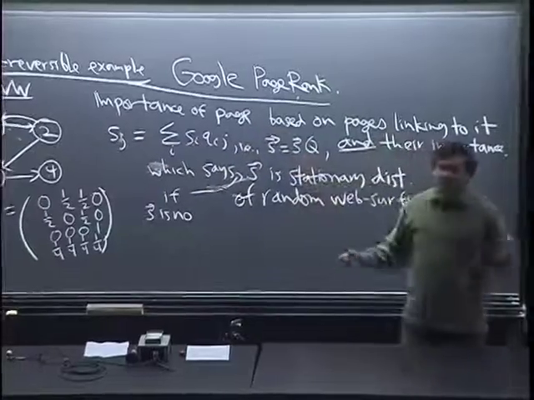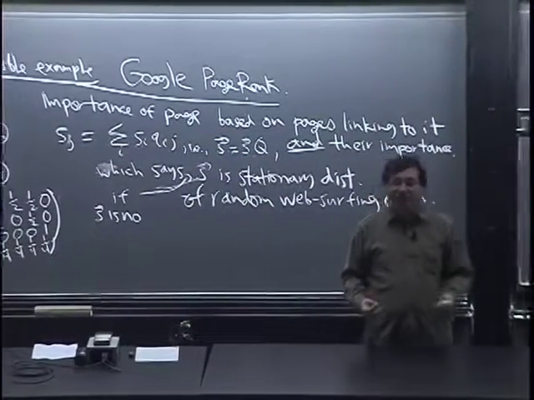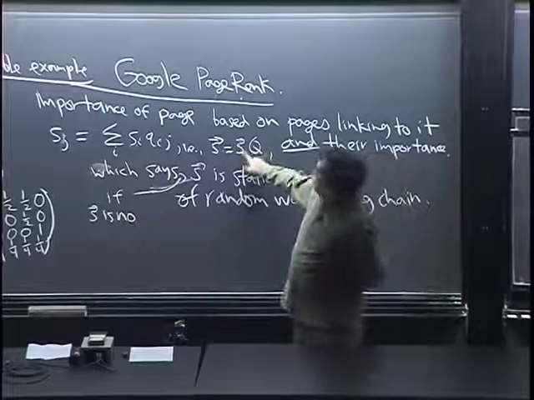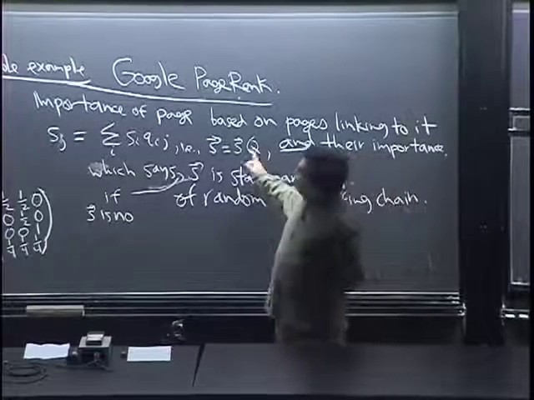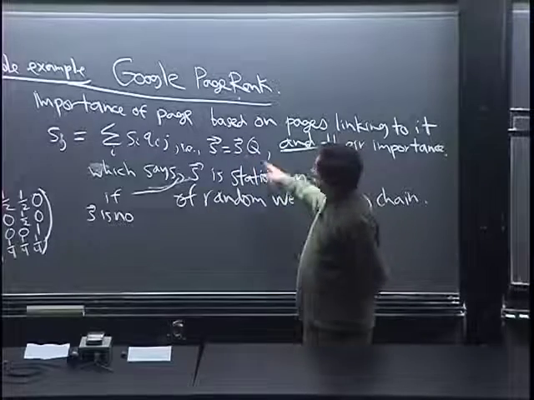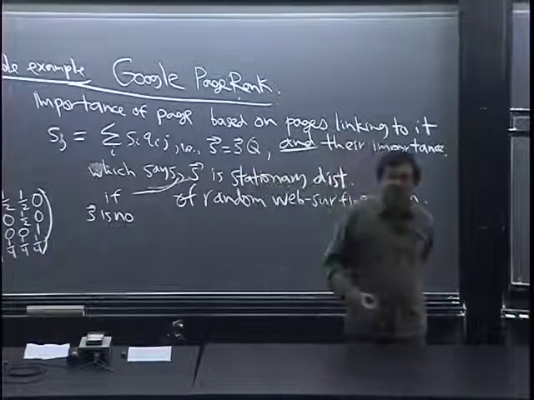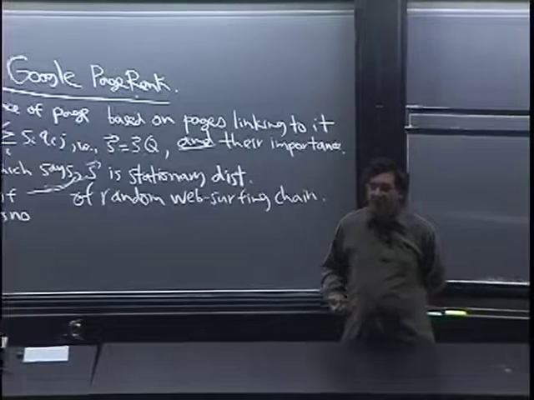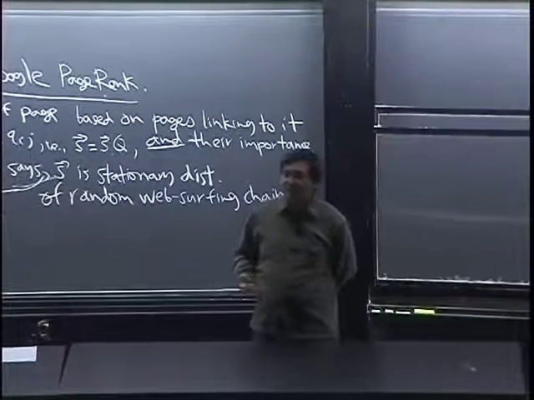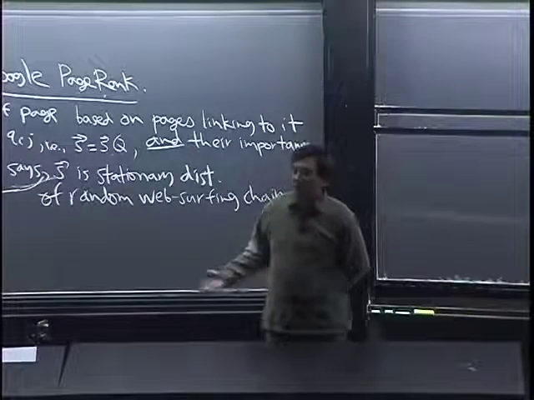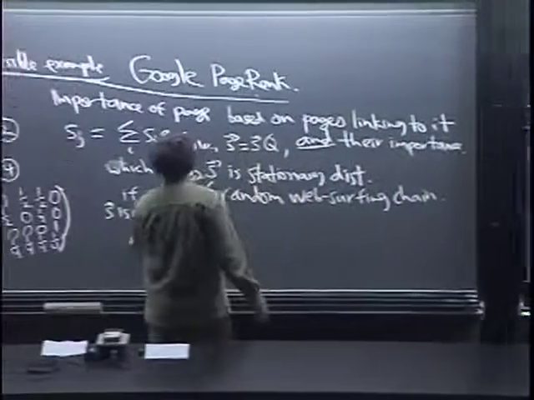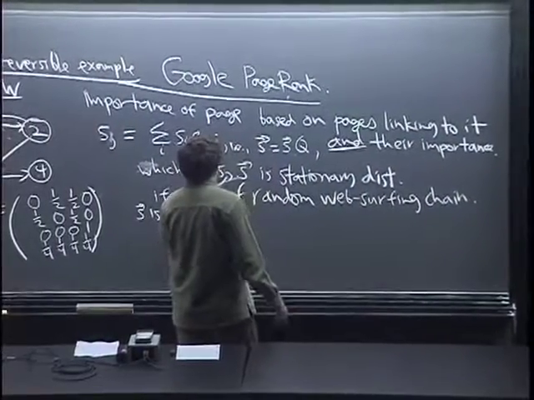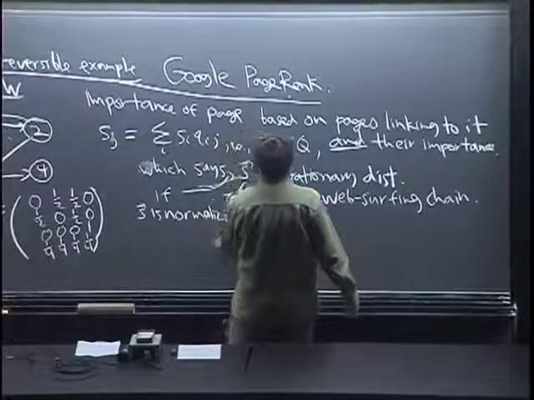This is some gigantic linear system of equations, with billions of pages. If there are 10 billion web pages, then Q is going to be a 10 billion by 10 billion matrix. So this is an immensely difficult computational problem. But in principle, all you're doing is solving this linear system and then normalizing it. And that's the stationary distribution by definition.